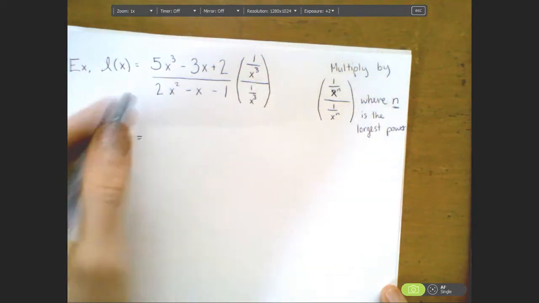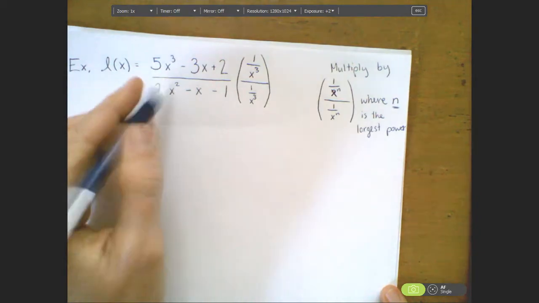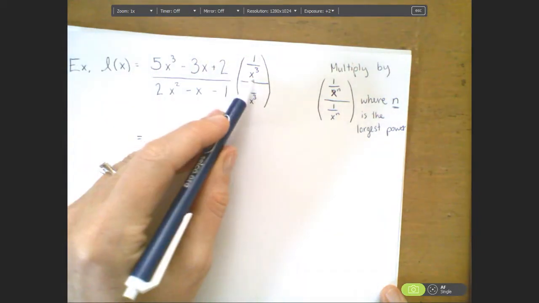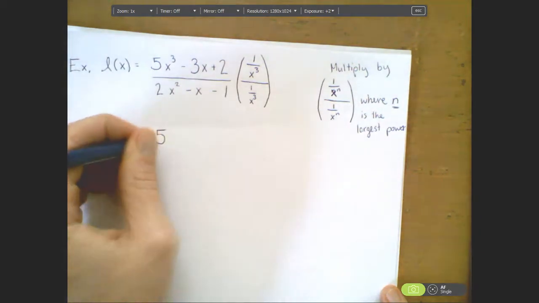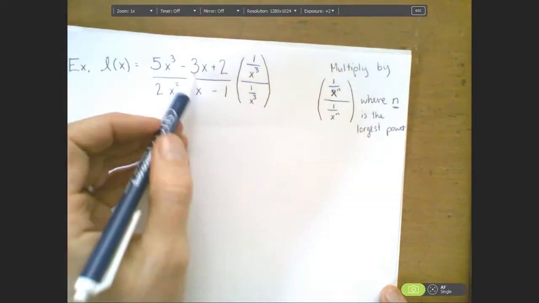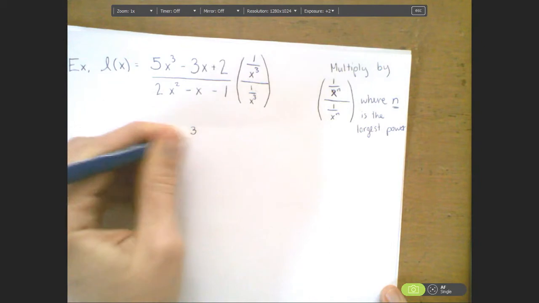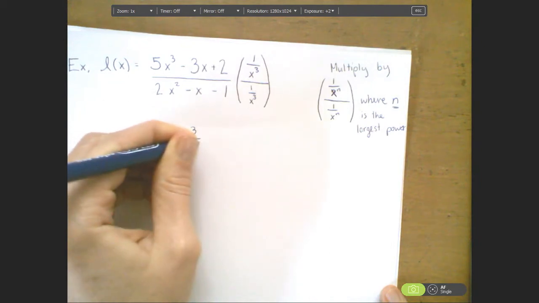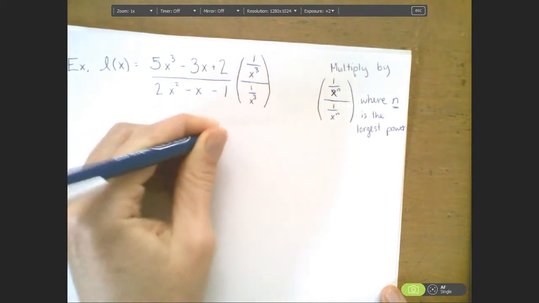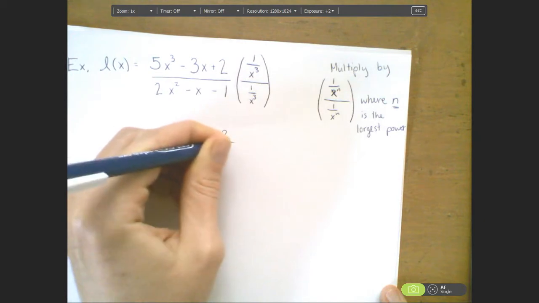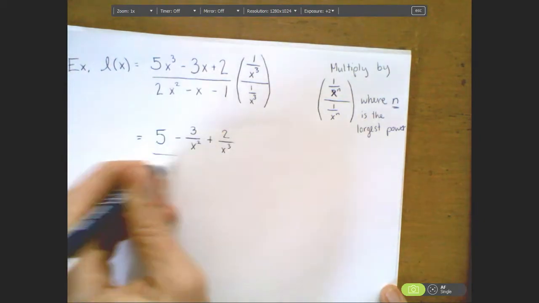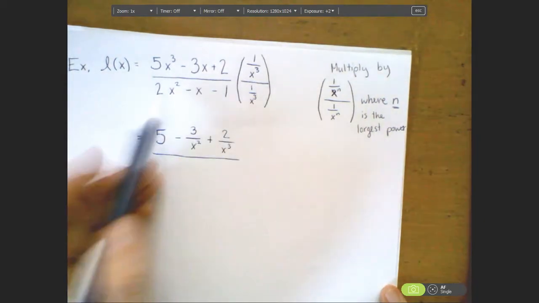So what happens when I do this multiplication? The x cubed and the x cubed cancel. I'm left with 5 minus, one of this x cancels one of those x's, so I'm left with minus 3 divided by x squared, and then plus 2 divided by x cubed. That's what the numerator looks like. Let's look at the denominator.